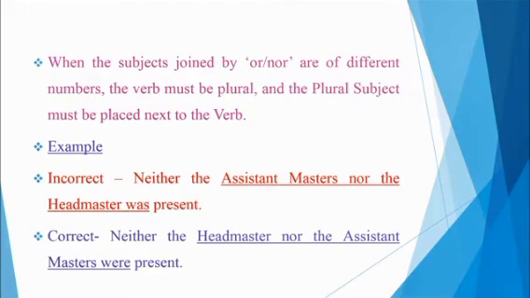No. The correct sentence is neither the headmaster nor the assistant masters were present. Why? Because in the second sentence, the headmaster and the assistant masters are two subjects joined by nor. So, the verb must be plural and the plural subject must be placed next to the verb. So, the correct sentence is neither the headmaster nor the assistant masters were present.